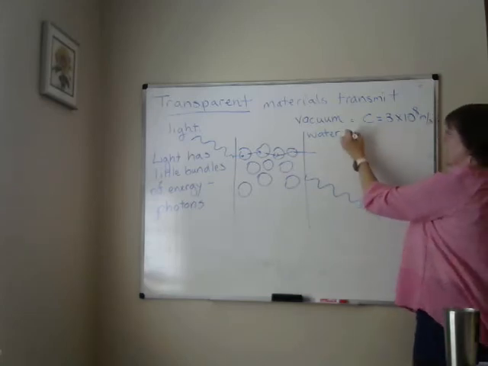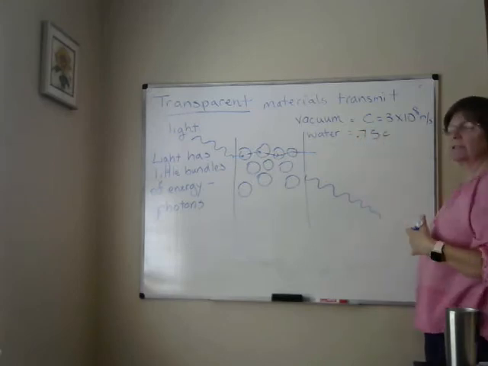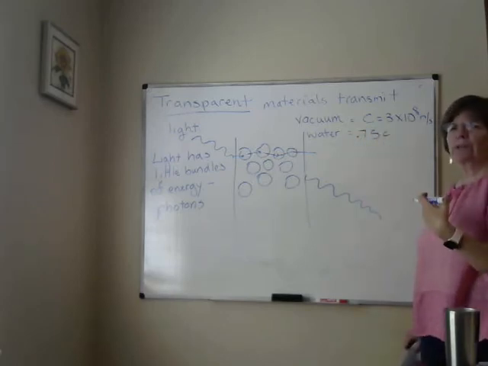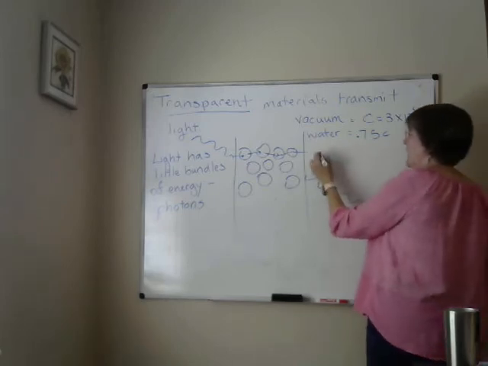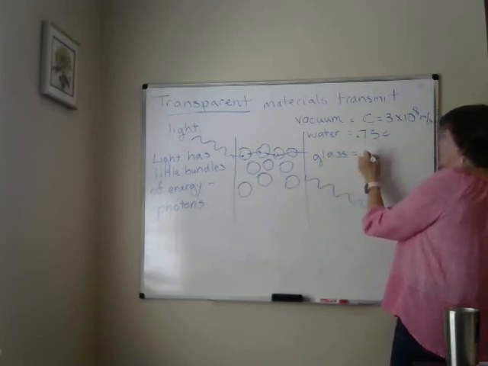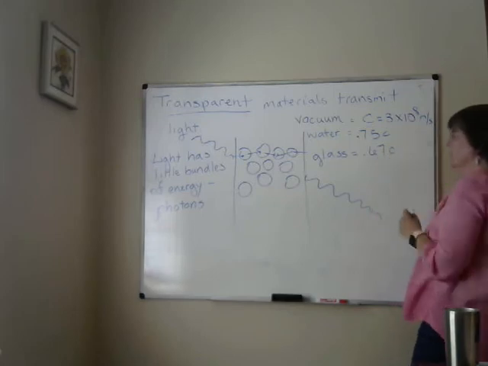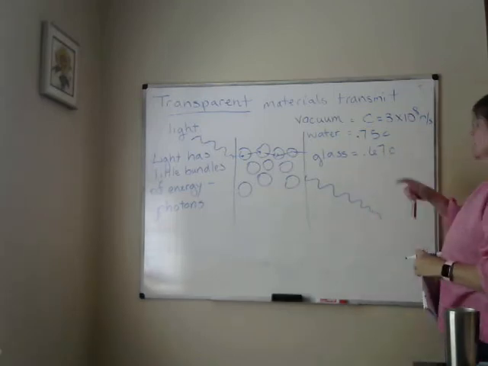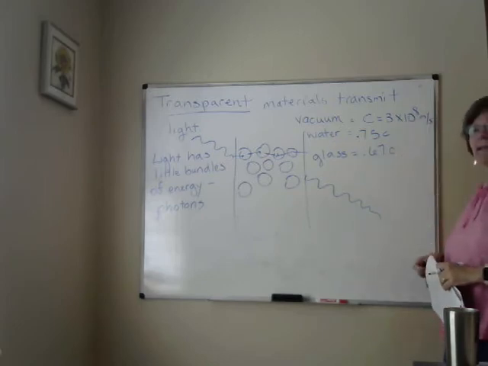It'll travel at about 0.75 c, about 3/4 of the speed of light, or 2.25 times 10 to the 8th. Depends on the glass. The glass typically is going to be somewhere around 0.67 c, about 2/3 of the speed of light. So instead of 3 times 10 to the 8th, it's more like 2 times 10 to the 8th.